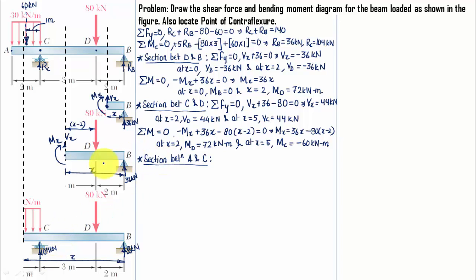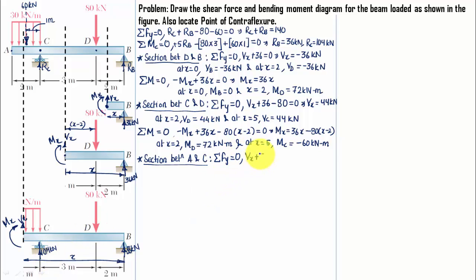All right, since the section from the right hand support has been taken, the shear force will be considered positive and the bending moment as clockwise in nature. So the first thing to do, summation of all the forces in y direction is equal to 0. We have this Vx, we have this 36, we have this 104, all of them upwards, therefore positive.